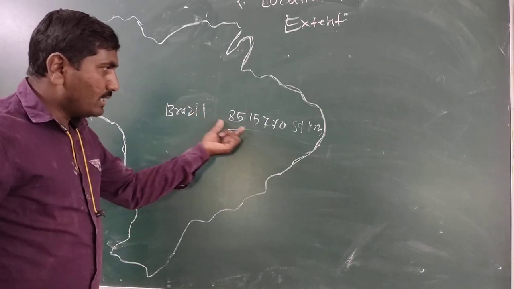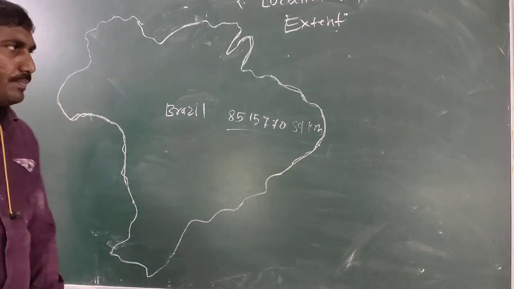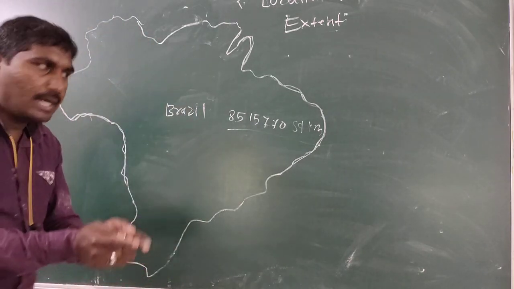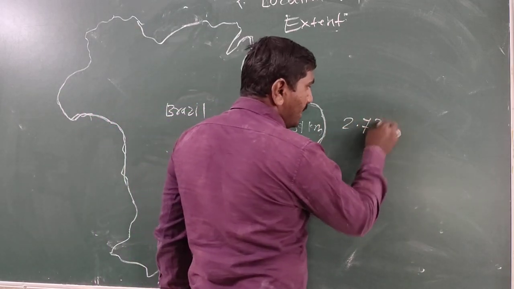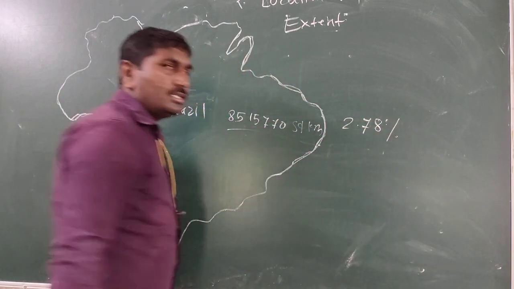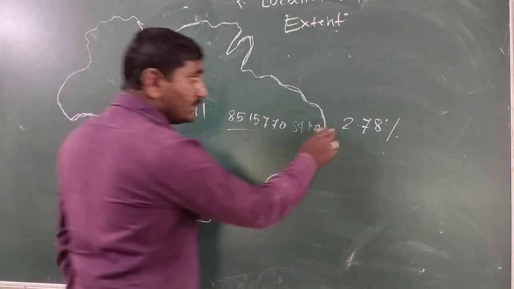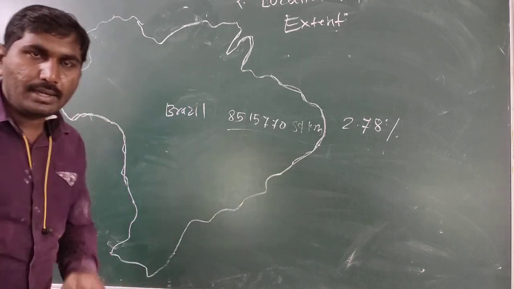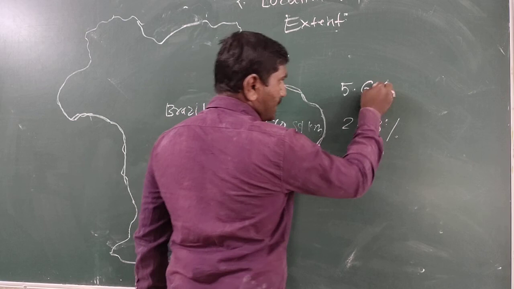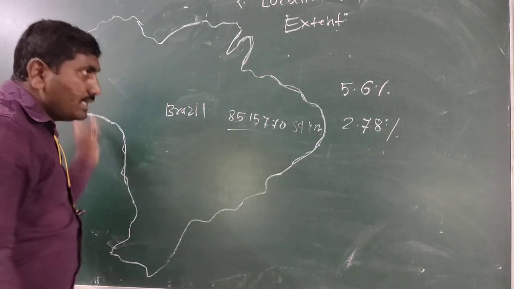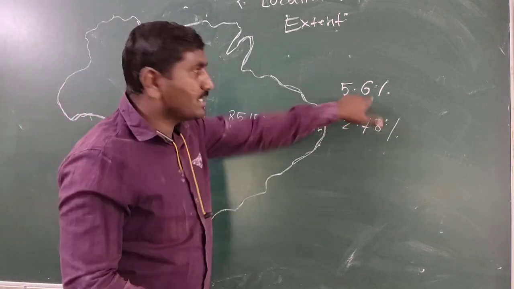This area of 85,15,770 square kilometer is occupied by Brazil. When we think about the world's proportion, Brazil's area is 5.6%.